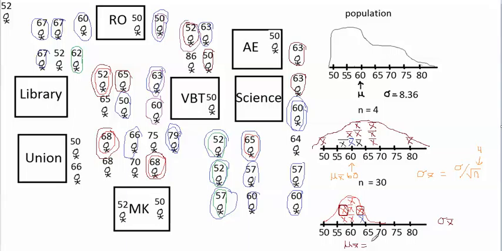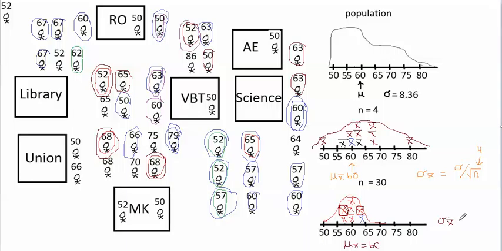It still equals 60. That's true no matter what sample size you're using. The mean of the sampling distribution always equals the population mean, because the possible samples always have an average equal to the population mean.